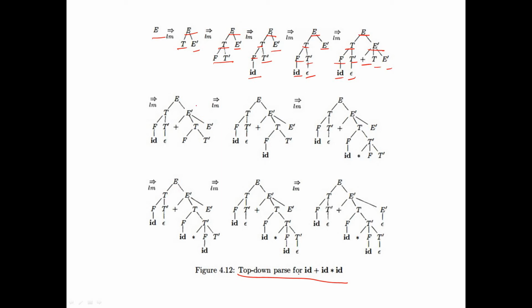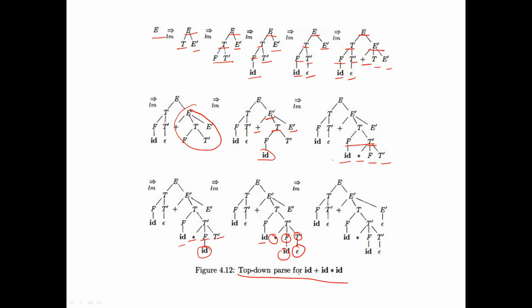Again I am going to expand this process. E dash is plus T E dash, so T may be F T dash and F can be id. T dash can be star F T dash, F can be id, and then T dash may be epsilon.